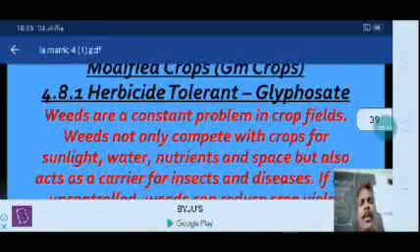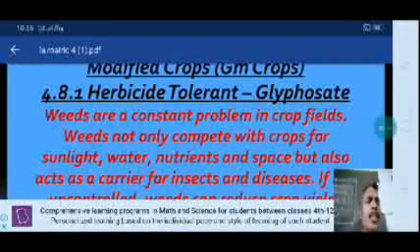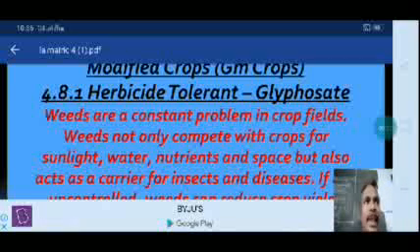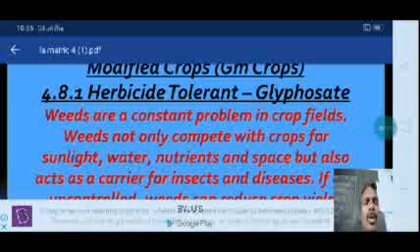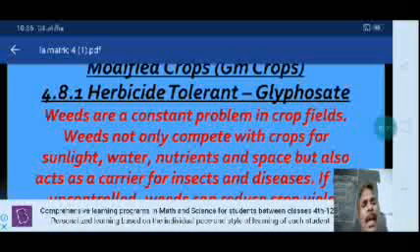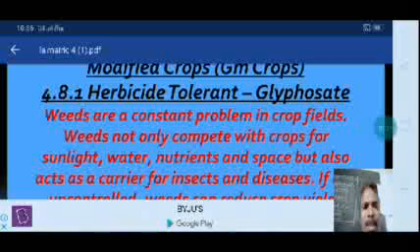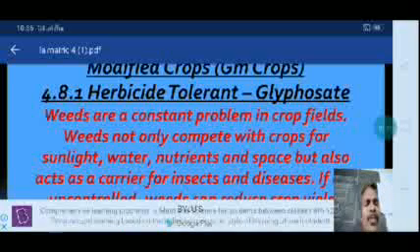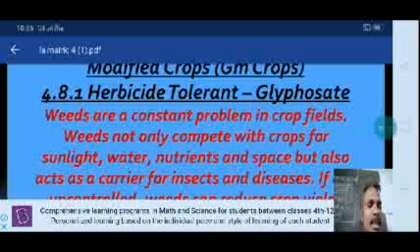Here, weeds are a constant problem in crop fields. Weeds grow among the normal crop plants, which is a problem. Weeds not only compete with the crop plants for sunlight, water, nutrients and space, but also act as a carrier for insects and diseases.